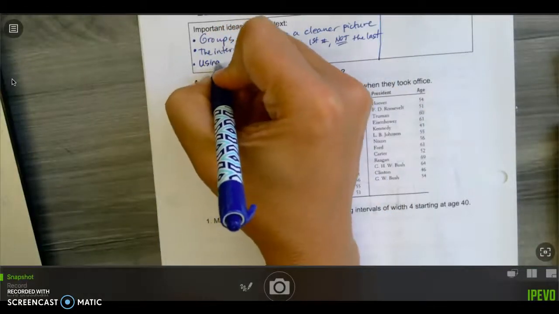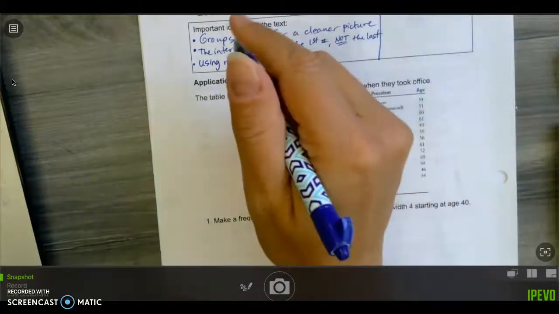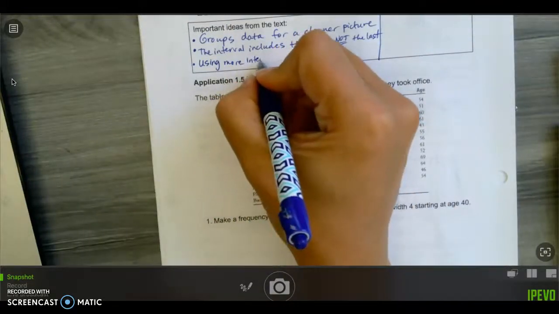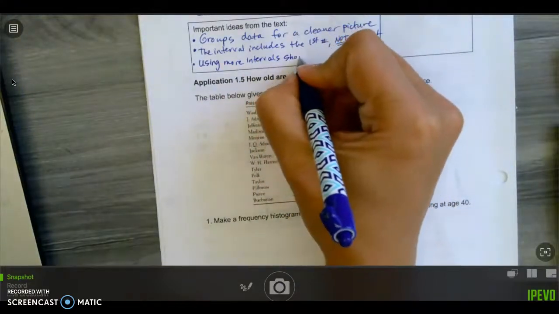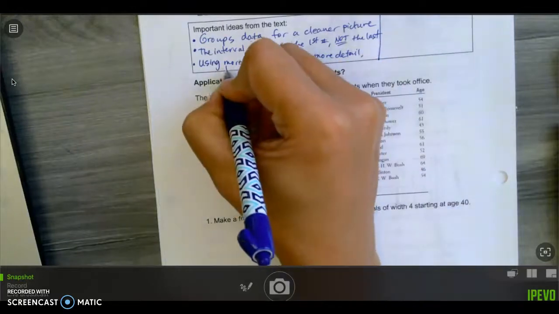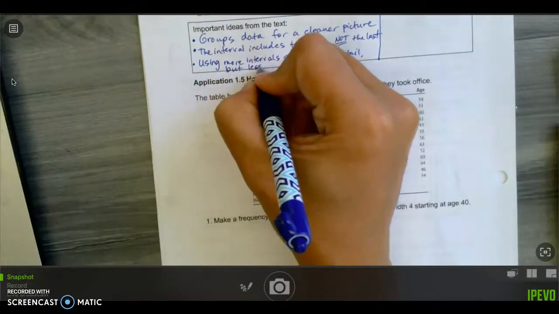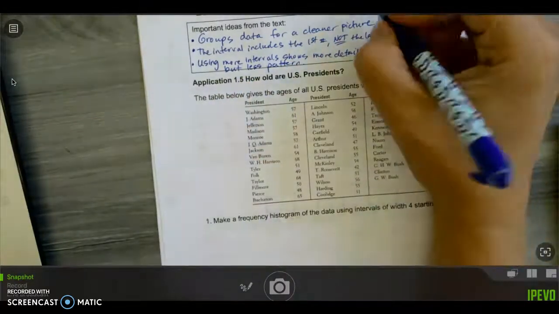Using more intervals or smaller intervals shows more detail, but less pattern. Okay, so how to build one?